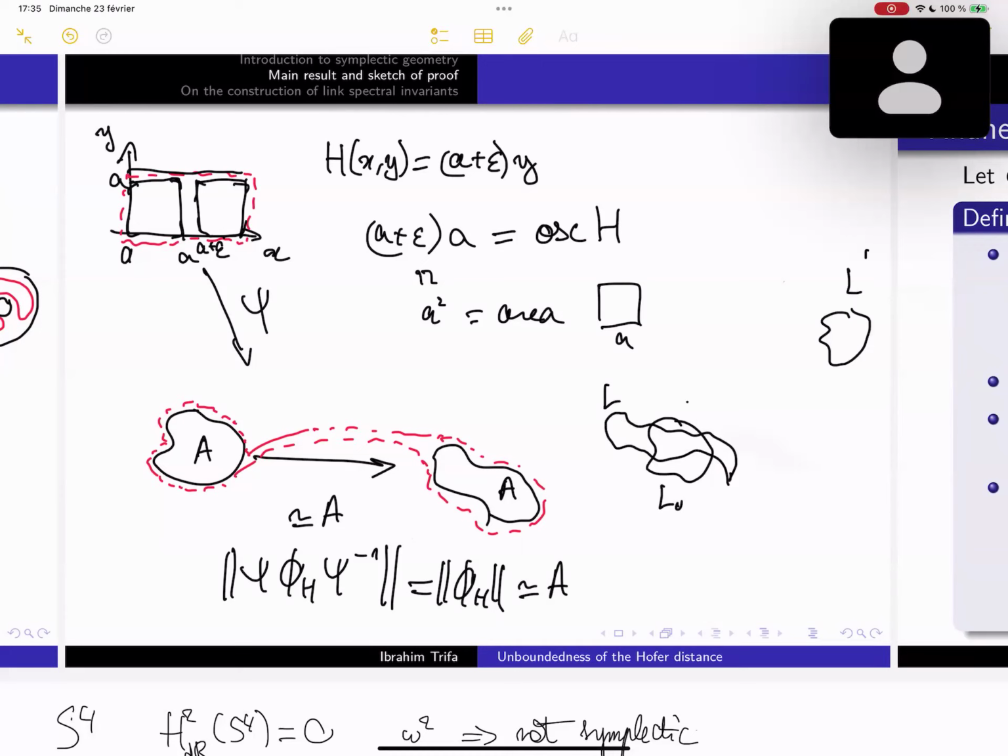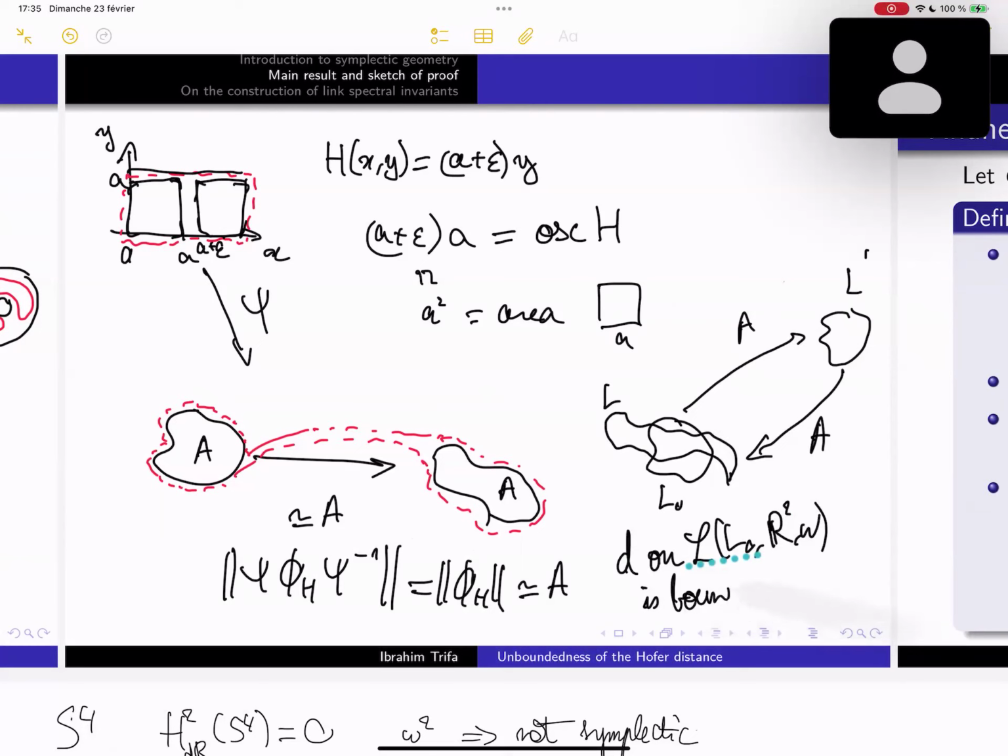Then I map L0 to L prime with an energy equal to the area of my circle. And then I move L prime to L with an energy also A. And so this picture shows that the distance on L0 in R2 with omega is bounded by 2A, where A is the area of the disk bounded by L0.